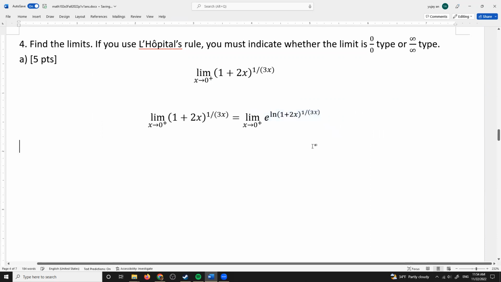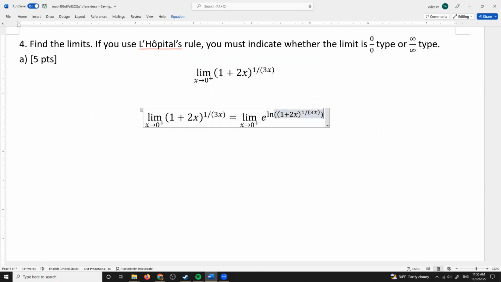So you can rewrite anything as e to the power of ln of that thing. Okay. Maybe I should put parentheses around here so that people aren't confused. Okay, so this entire thing is inside the log.